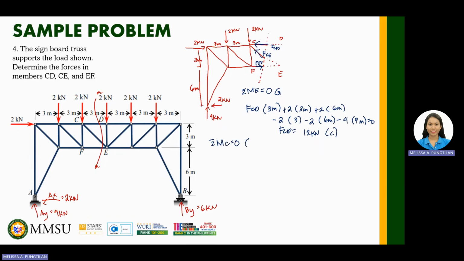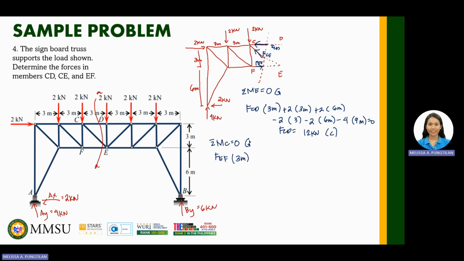So, equal to 0, counterclockwise, positive. So, pag nag-summation of moment at point C tayo, automatically maka-cancel out si CD tsaka si CE. So, we are looking for EF on this part na, EF. Okay. So, FEF. So, it will create a counterclockwise moment, so positive, multiplied by 3 meters as the moment arm.